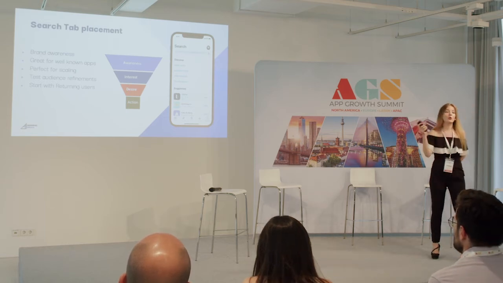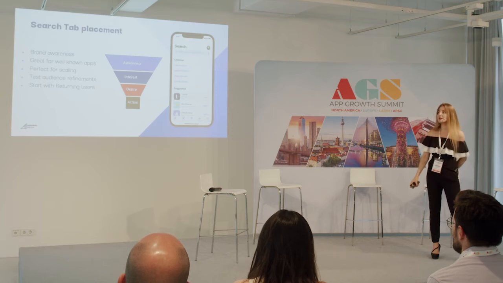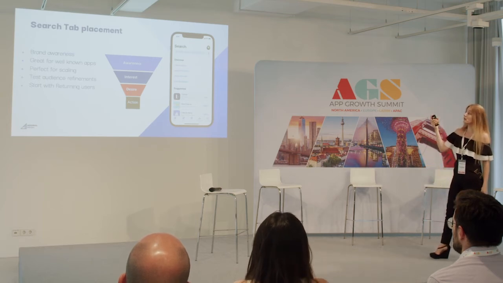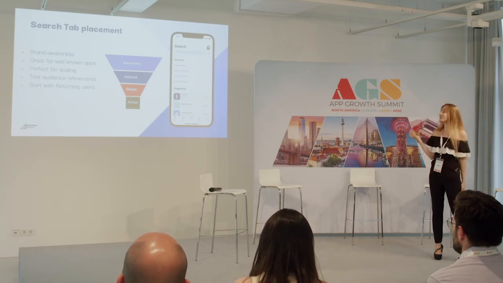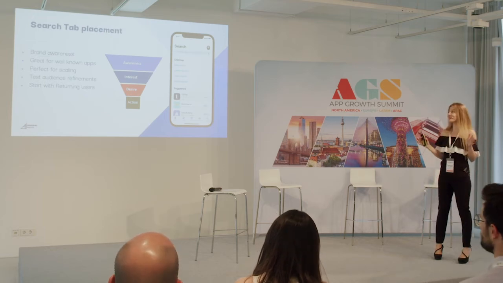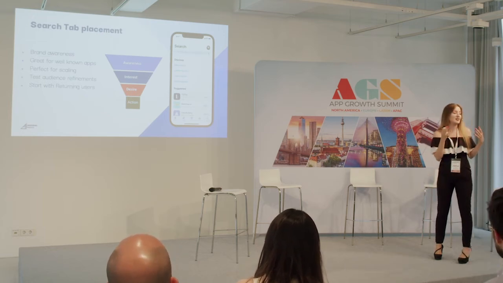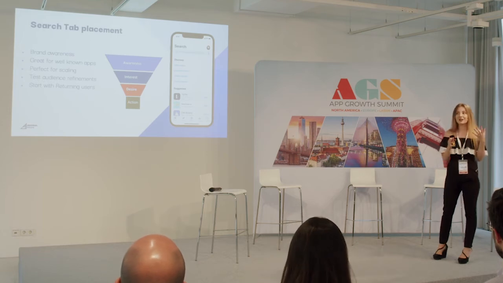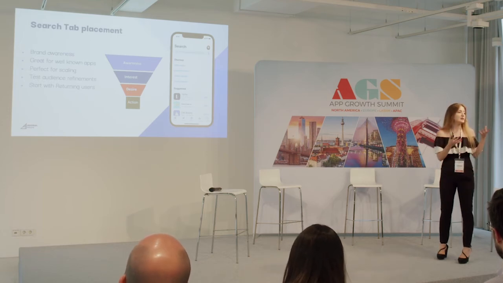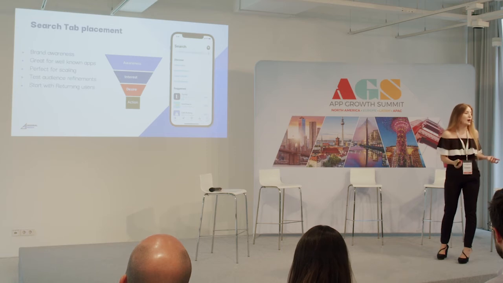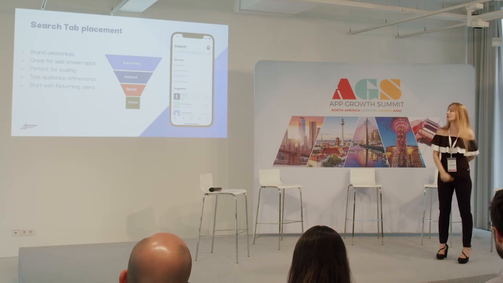And although audience refinements are not recommended in the search results campaign, here there actually are, and I have seen much better success if I'm, for example, dividing by women or men, or by device, whatever is the better performing audience for your app. So you better use them.